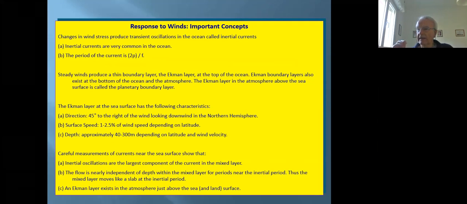Why? Although the inertial oscillations are obtained as free oscillations, they are associated with the wind because the wind is variable. If the wind is variable, or if the wind suddenly stops, the inertial oscillation starts to be produced, because at that very moment there is no forcing.